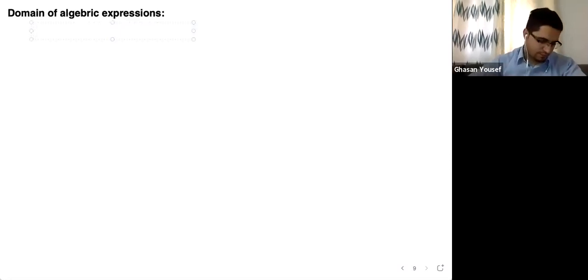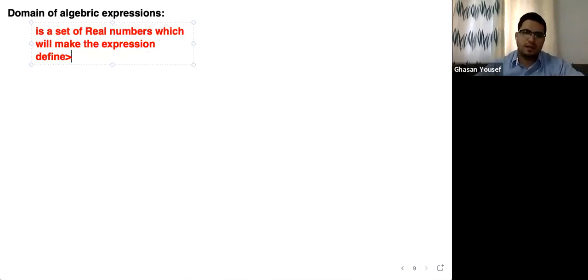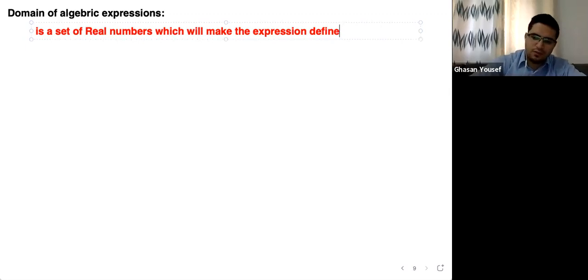So the domain is a set of real numbers which will make the expression well defined. Again, it is a set of real numbers that make the expression well defined.